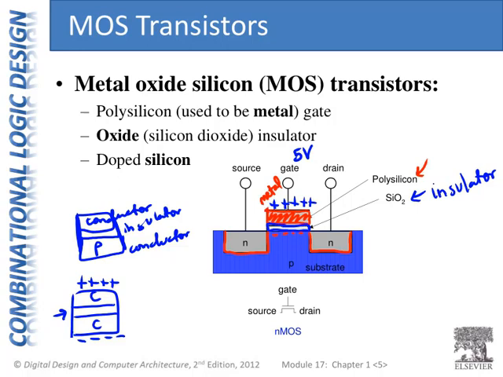Because we've dumped positive charges there, negative charges are attracted on the other side of the insulator. Really, they want to get to those positive charges and neutralize them, but they're stopped because of the insulator.